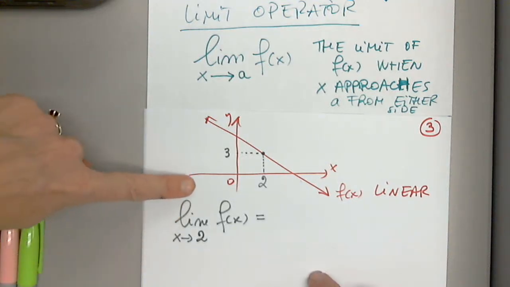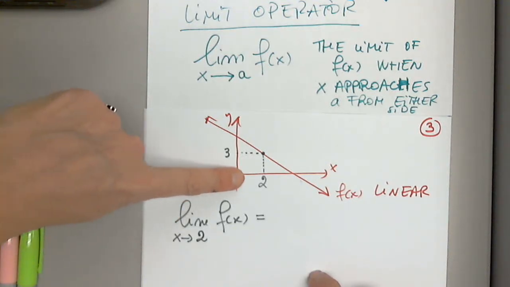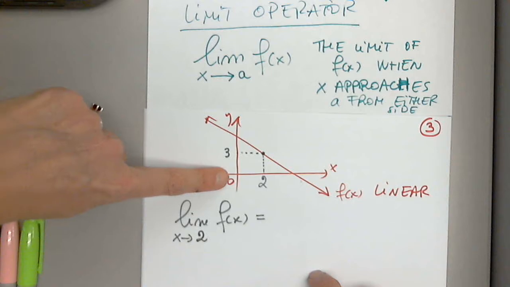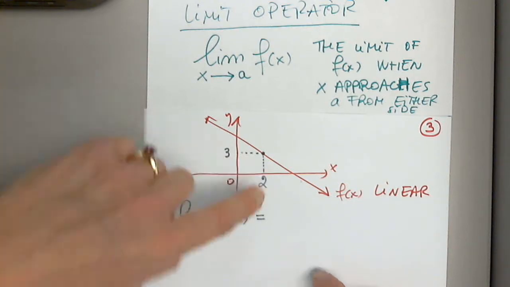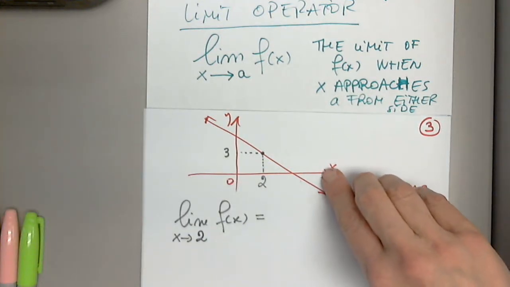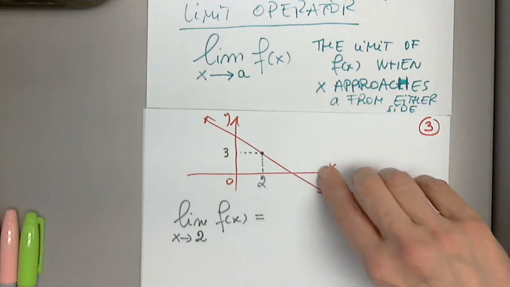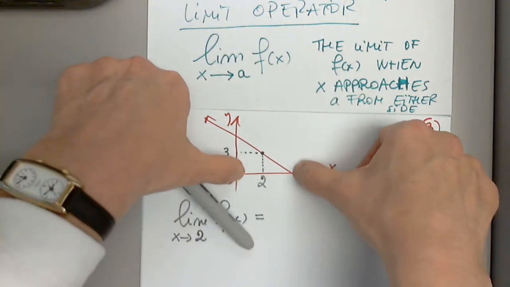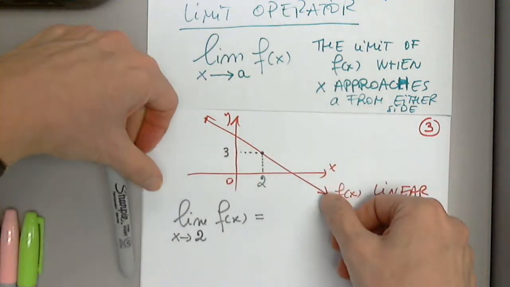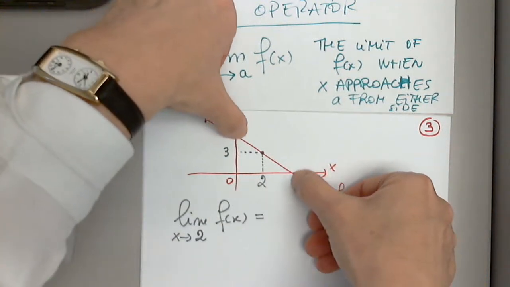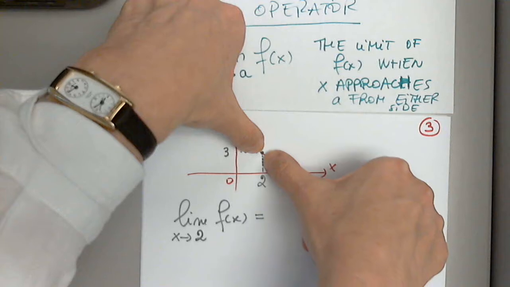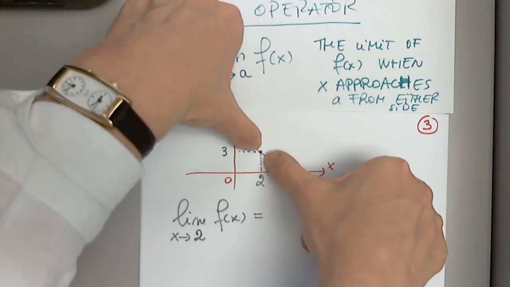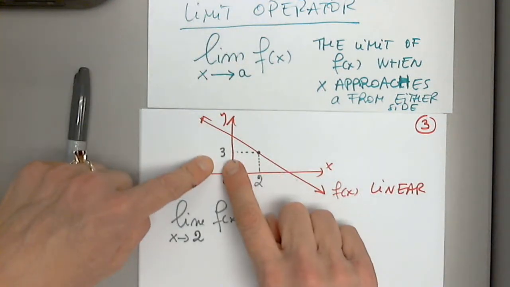So if we come from this side with smaller values than 2, we get closer and closer to 2 from this side. And at the same time from this side, from the right-hand side, as we get closer and closer to 2. And if we do that simultaneously, where will the function values go? Do you all see that?